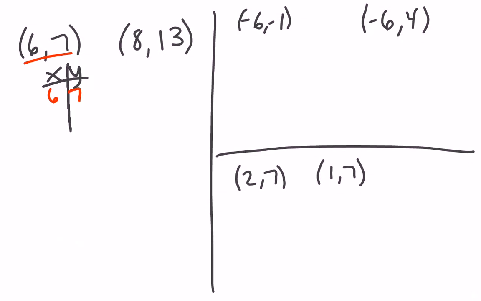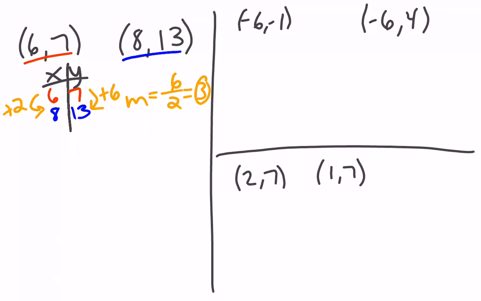I say copy paste because some people like to switch order, but you should still be keeping them in the same order. So you go from 6 to 8. We go up 2. How about 7 to 13? That's up 6. Slope is change in y over change in x, which is going to reduce to 3.